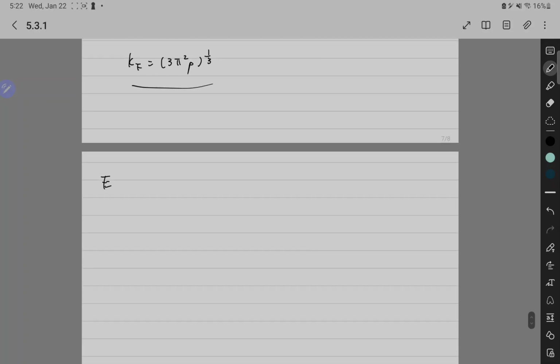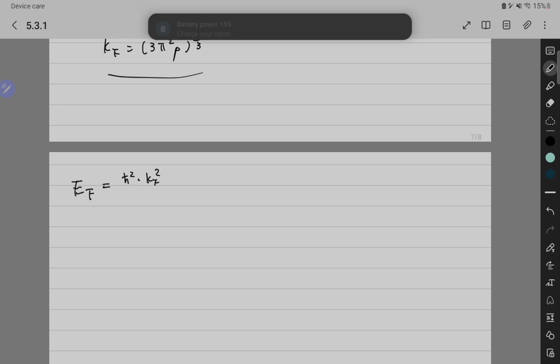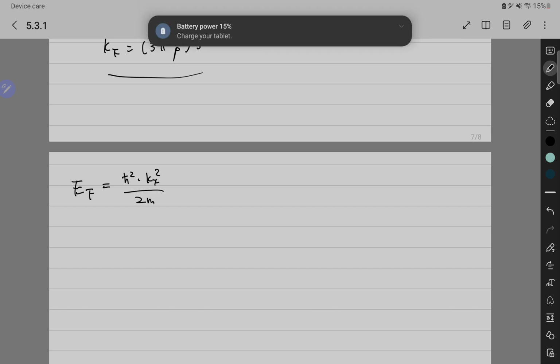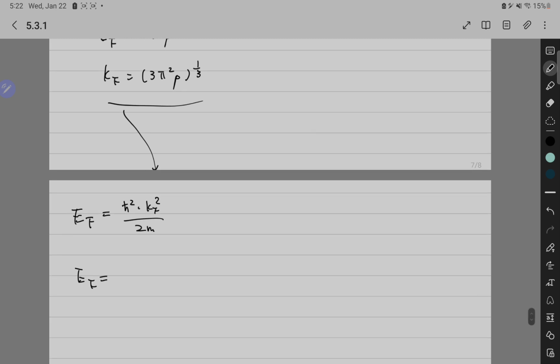So our energy formula for the Fermi energy is ħ² kF² over 2m. If we substitute our kF in here, it gives us EF equal to ħ² over 2m times (3π²ρ) to the power of 2/3, which is what we have here for the energy.